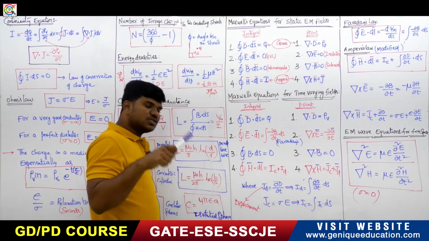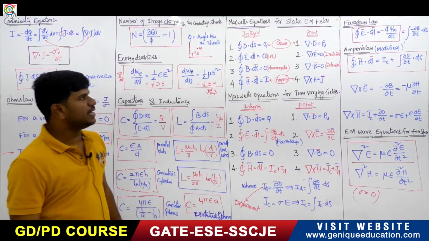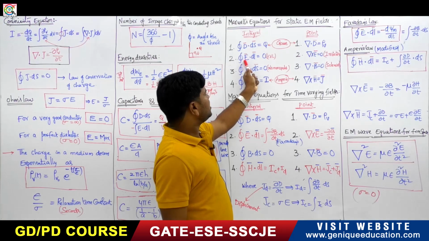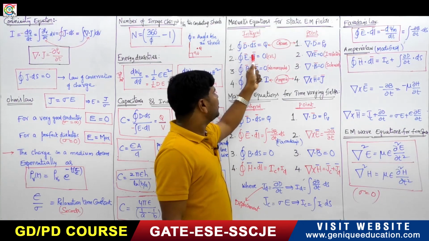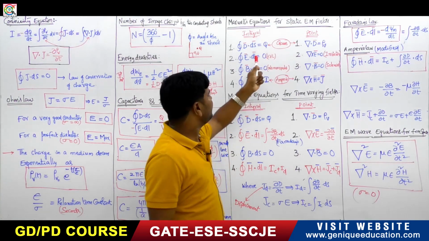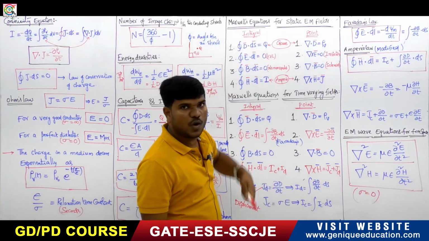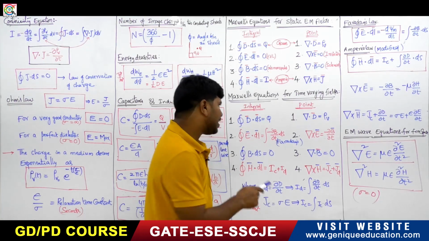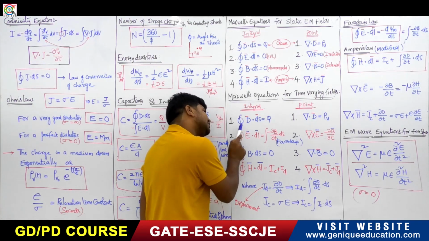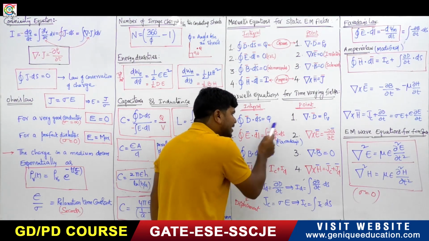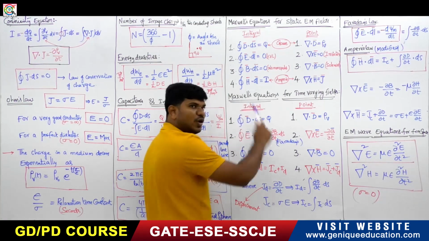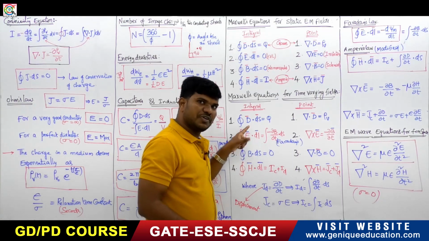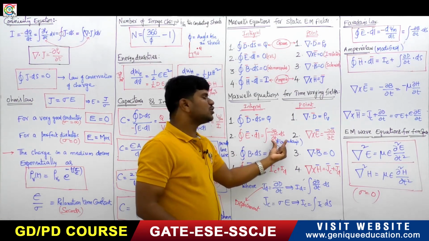What is the meaning of this second equation? Within the closed loop, there is no voltage, that means the algebraic sum of the voltages is 0. But here, what he is saying is that within the closed loop also, a non-zero voltage exists, volt per meter into meter. So within the closed loop, we are getting a non-zero voltage.